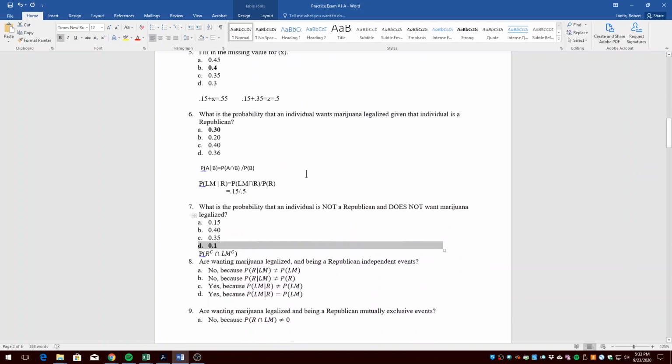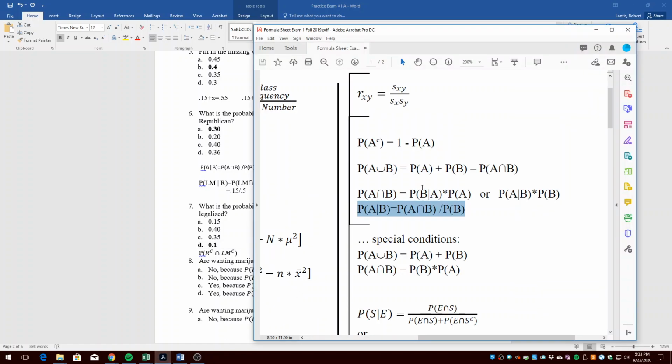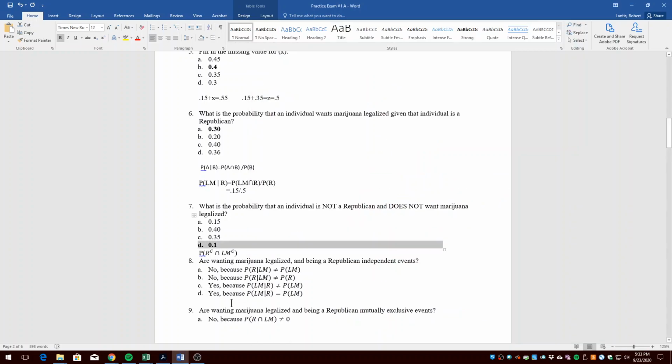Okay? The next question I have is, are being Republican and wanting marijuana legalized independent events? So if we look here, we've got some special conditions, and the one that represents independence is this one right here. So there's two checks we can do for independence. The first is we can check to see if this holds. So I'll go ahead and do that first.